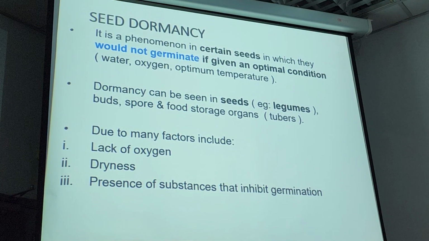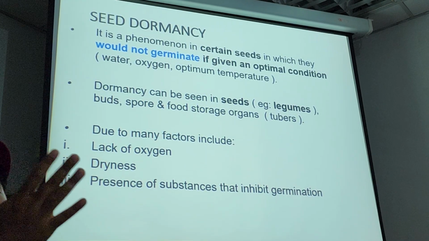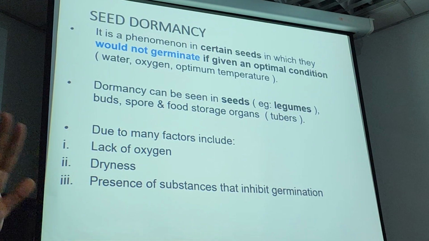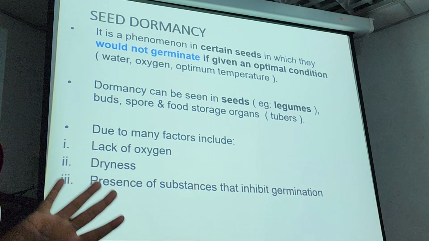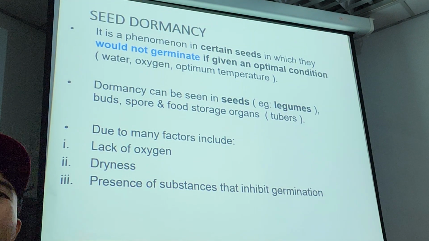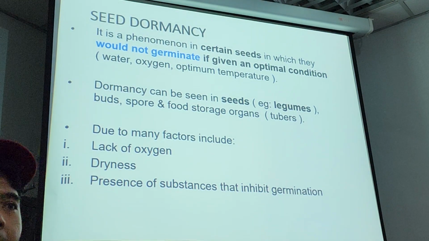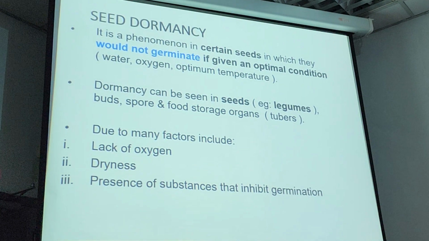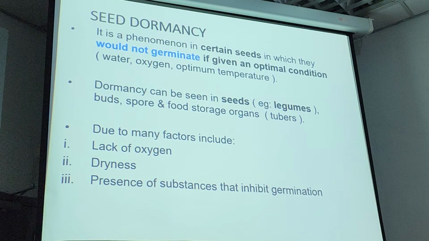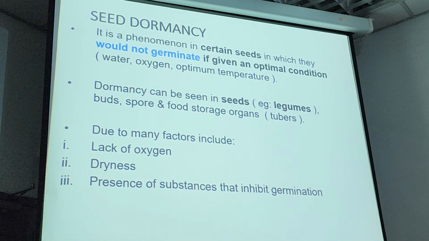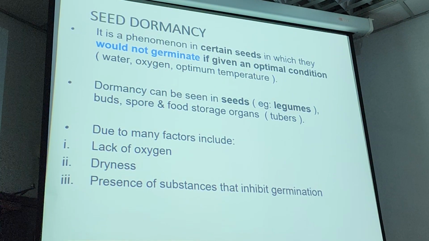So why do the seeds stay dormant? Dormant simply means it's kind of sleeping with minimum metabolic activity. Okay, it's alive. So kind of like hibernating. How and why is this happening?